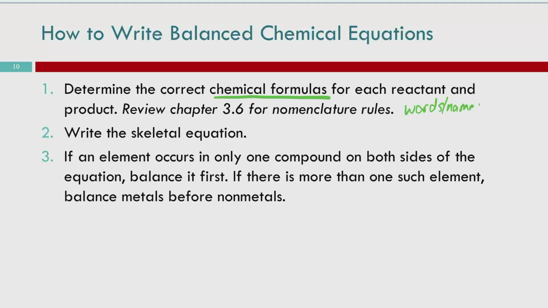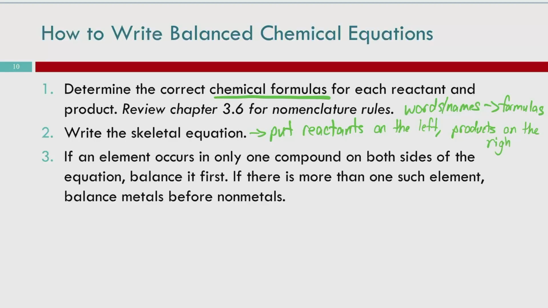So we have to turn words or names into formulas. And then we can write out the skeletal equation. We can put the things that react, the reactants, on the left. Put the products on the right. Just getting everything in place where it's supposed to go.